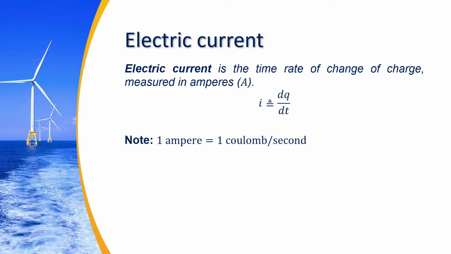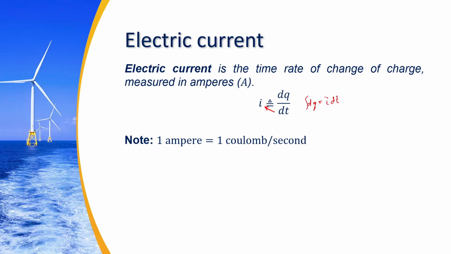So, take note na 1 ampere is equal to 1 coulomb per second. So, ngayon, kapag naman gusto natin makuha yung formula ng charge, pwede natin siya ma-derive using this equation. So, paano yun? Cross-multiply lang. So, magiging dq is equal to I dt.